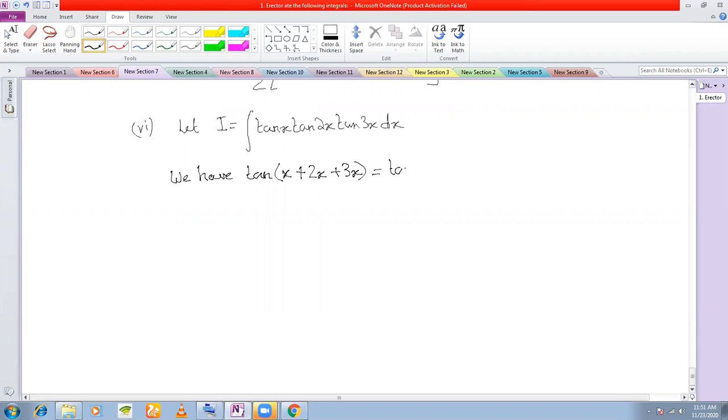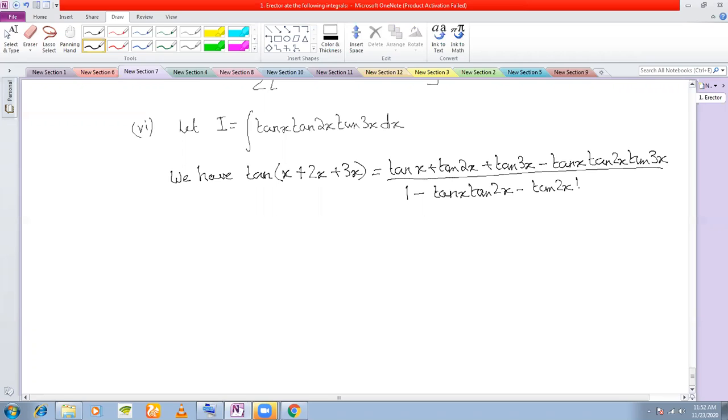What will you get? You will get tan a plus tan b plus tan c minus tan a, tan b, tan c divided by 1 minus tan a, tan b minus tan b, tan c minus tan c, tan a.